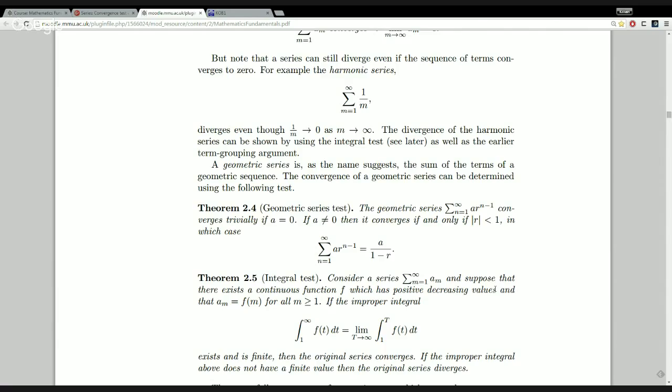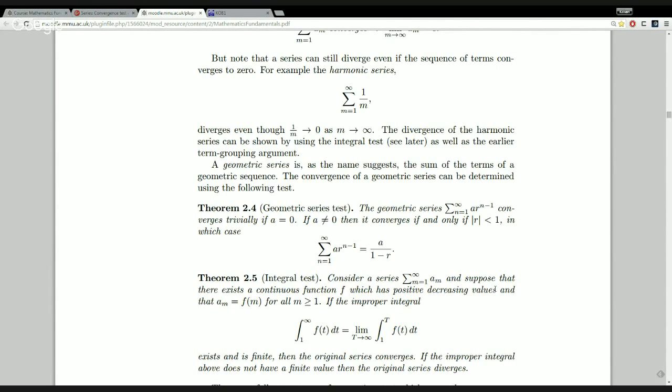If r is 0, again, it's nothing to scream and shout about, because then it's going to be a plus 0 plus 0 plus 0. Every term after the first one has an r in it, so you're just going to be left with a. So it's going to be convergent because it has a sum a. But again, it's kind of trivial convergence because it's mostly 0.